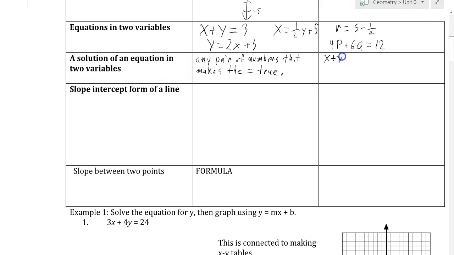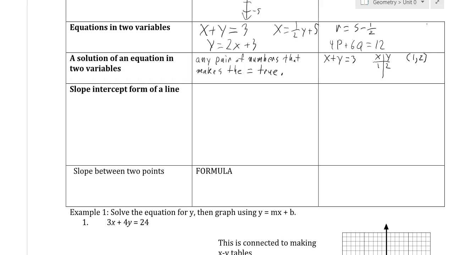So if we take something easy like x plus y equals 3, if x is 1 and y is 2, that pair of numbers, the pair 1, 2, 1 plus 2 is 3, makes it true. That pair of numbers is a solution to the equation. Whereas if we took 5 plus 5 is 10, it is not a solution to the equation. So you have things that make the equation true, you have things that don't make the equation true.